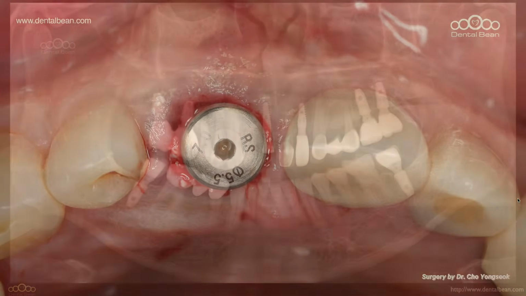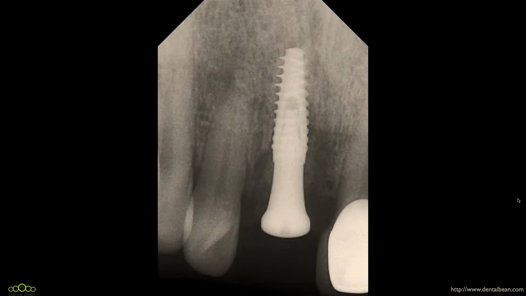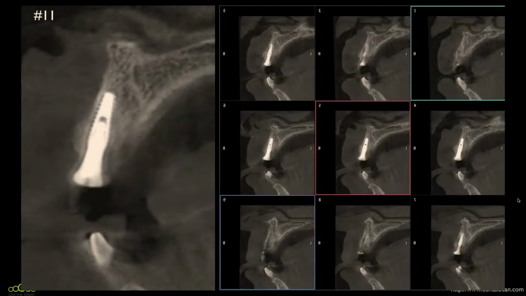Here, the panoramic image looks well positioned implant mesiodistally, and the depth is also not bad. Look at the CT view here. The path was also relatively well controlled without labial perforation.